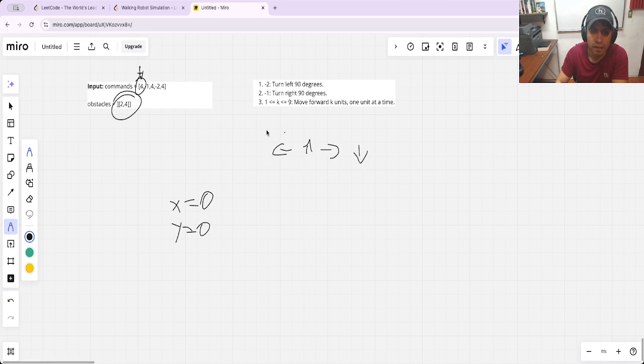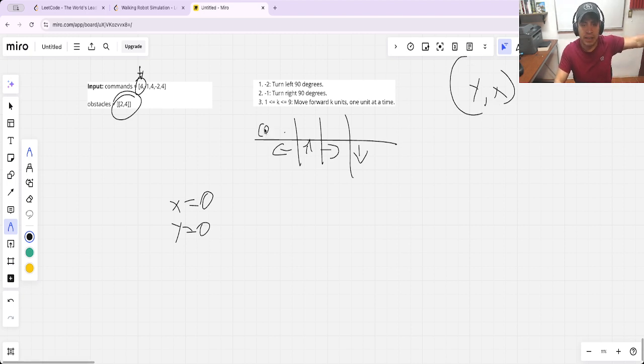Taking the first element as y and the next element as x, for left it is 0 and -1. For up it is 1 and 0.